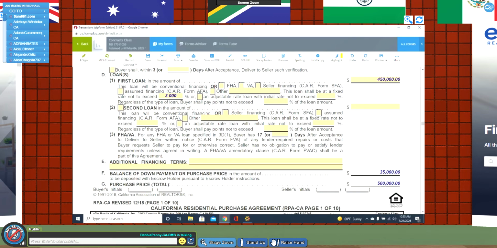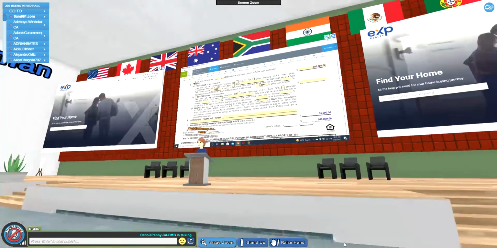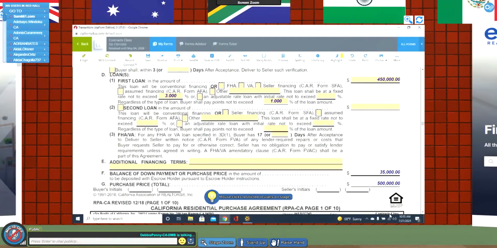Now, not only am I going to put in something here, but I'm going to go down where it says buyer shall pay points not to exceed. Now, this is not how you explain this to the buyer. This is not tying them to a 3% loan with 1 point.